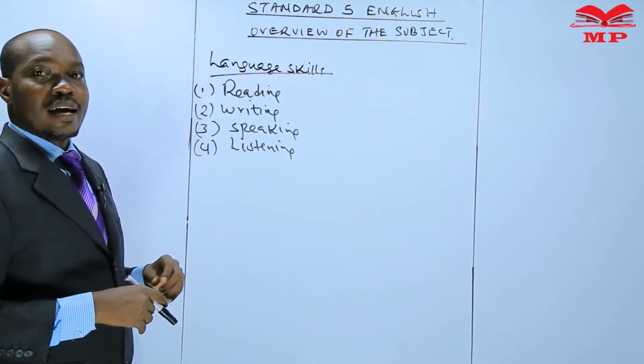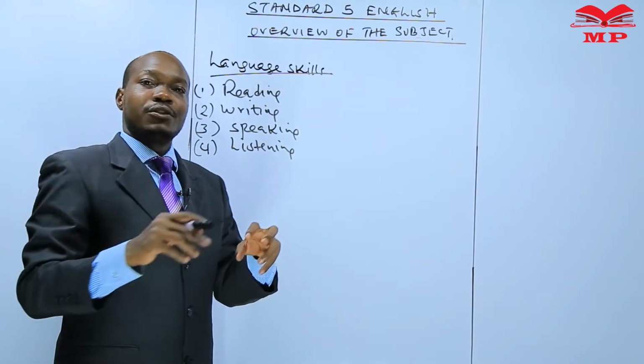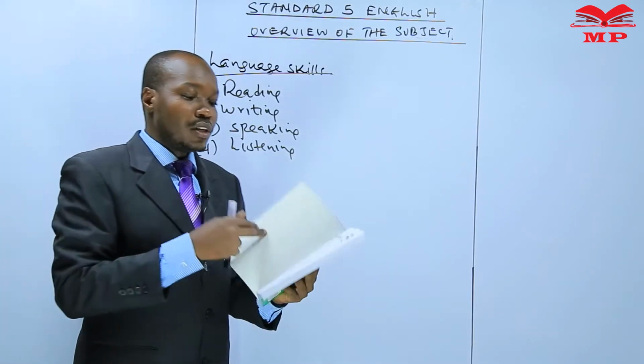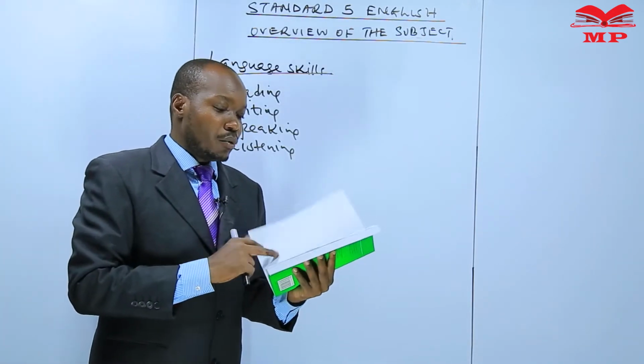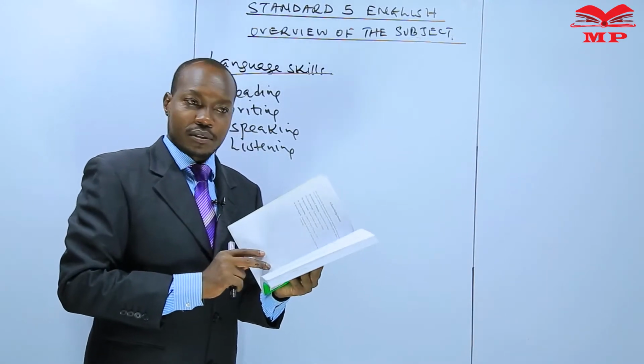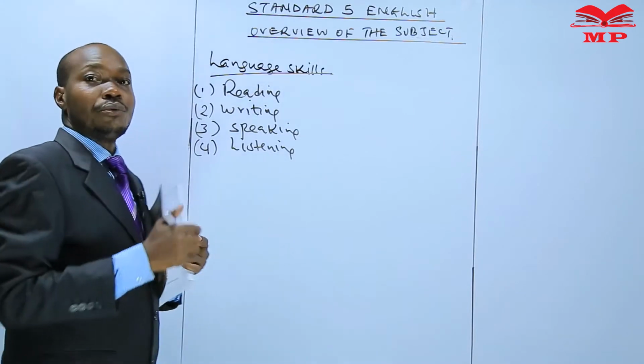These 4 skills are learned in various units that you have in your course book. We call them units or topics. This book has 29 topics, okay? Each topic is called a unit.